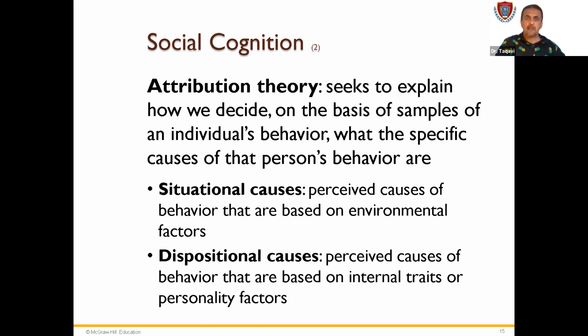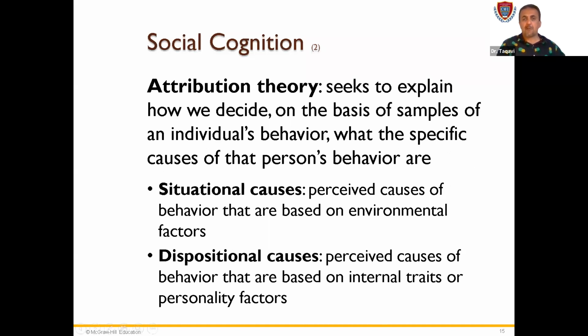Highly recommended to have a good look at the Jordan Peterson books about the psychological aspects of business. So we have two types of causes: situational causes and dispositional causes.